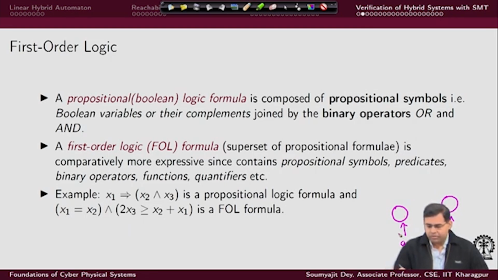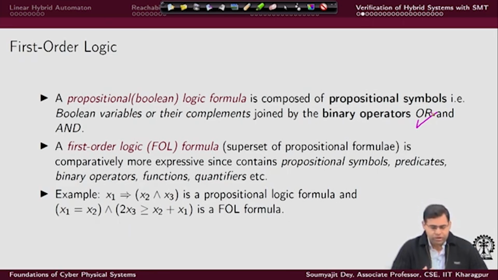And separate individual facts of the automata will be defined accordingly with suitable propositions, and multiple facts holding together to be true will be similarly defined by their conjunction, or any one of them to be true will be represented by their disjunction, and something to be false will be a negation of that proposition or a Boolean predicate, and all these things will combine to give you a proper propositional logic formula.